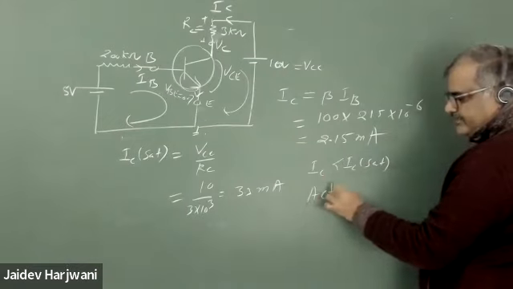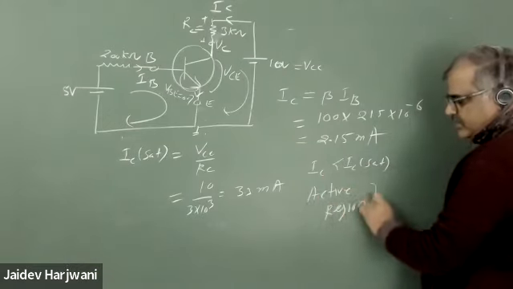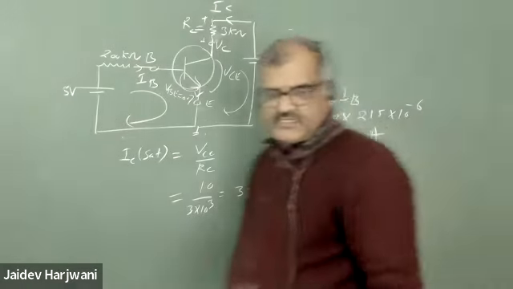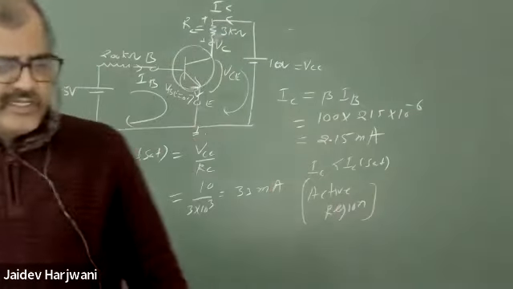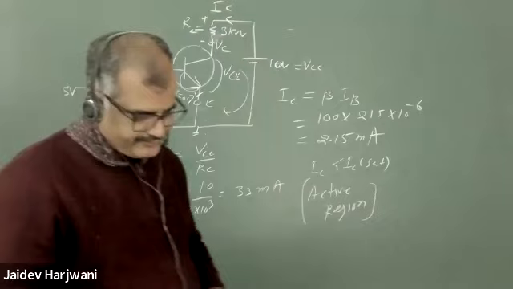No need to check other things. This is sufficient. If IC is less than your IC saturation, then automatically your operation region is active. I will tell you how now.